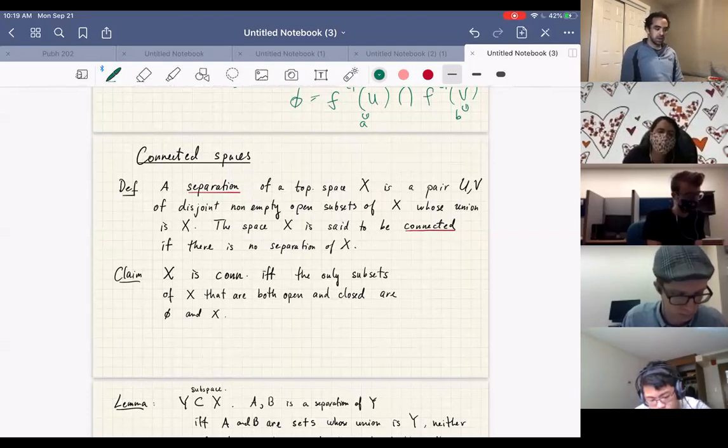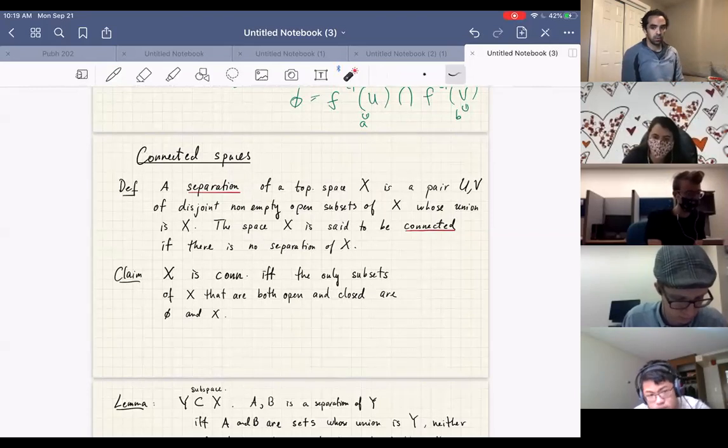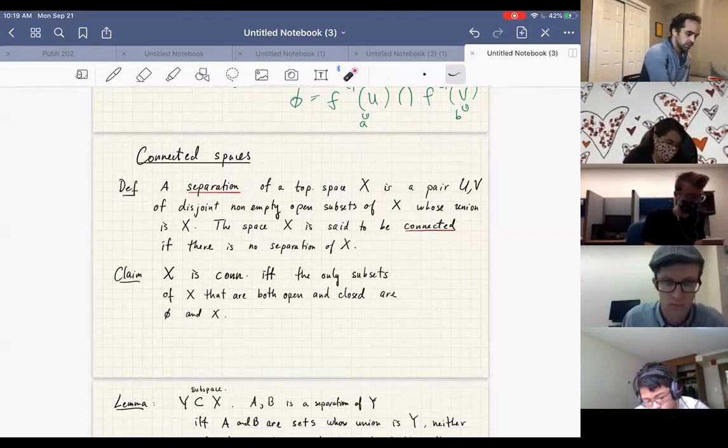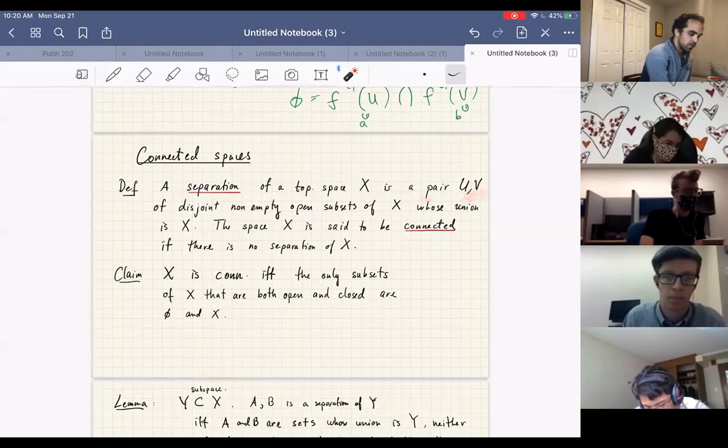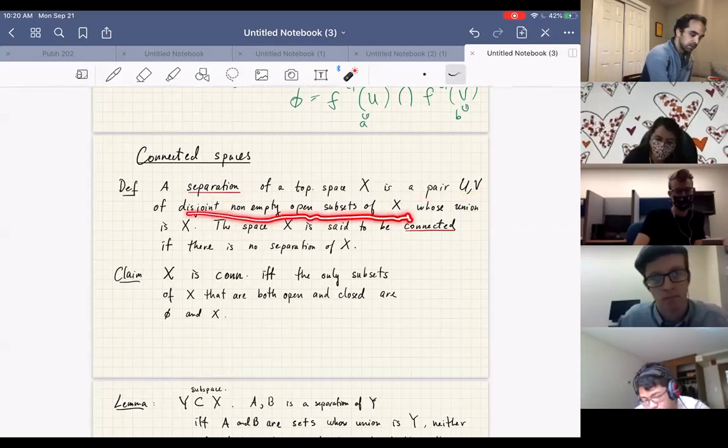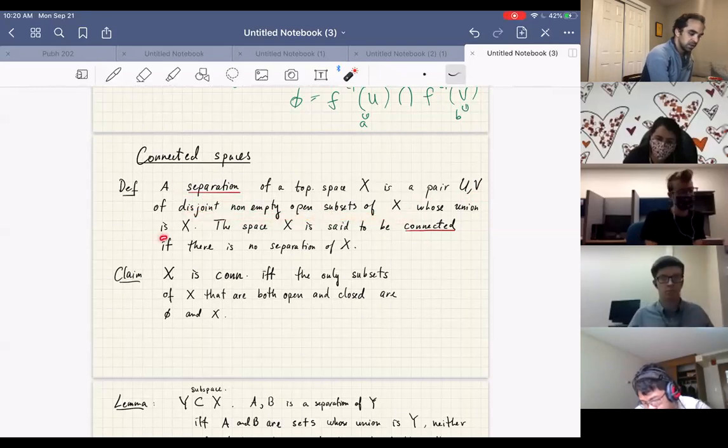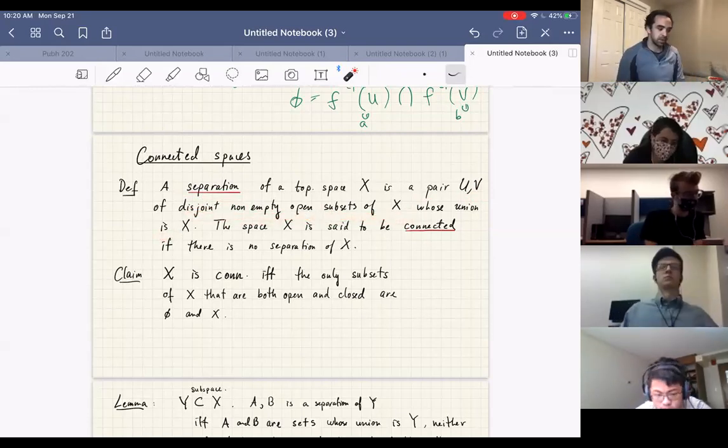You already saw a definition in one of your homework sets. There are a few equivalent formulations. So suppose X is a topological space. A separation of X is just a pair U, V of disjoint non-empty open subsets of X whose union is X. That's a separation.